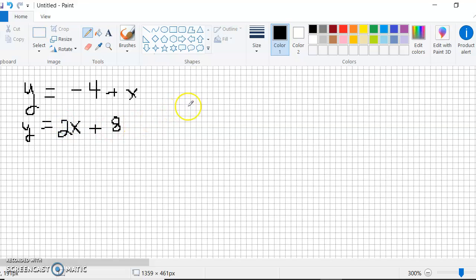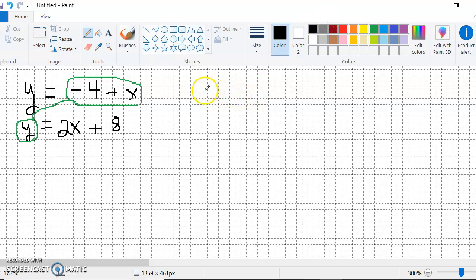Okay, so now what I'm going to do, well, let me use a different color, green. I'm going to substitute this into y. Okay, go back to my black ink.